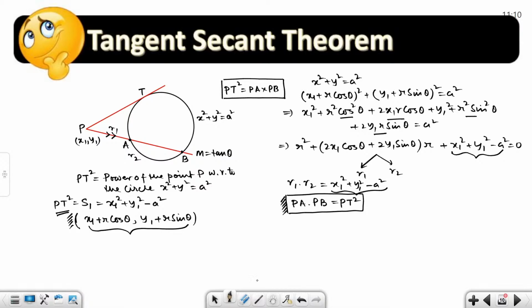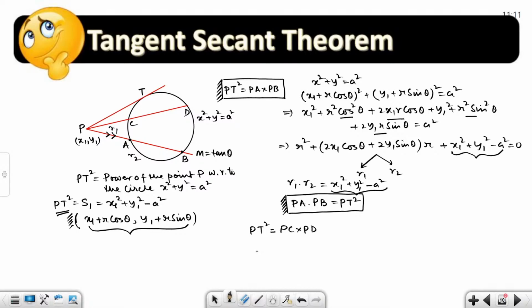Now I can see another interesting thing here, that if I draw another secant from P such that it is intersecting the circle, let us say at C and D, in this case also, this relation will hold true. That is, your PT square will be same as your PC into PD.